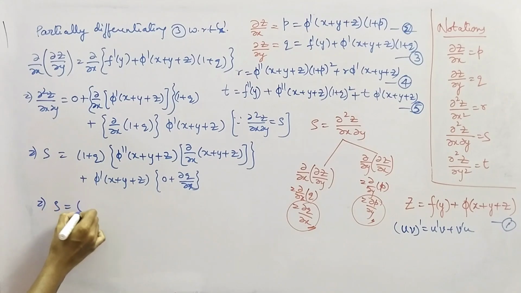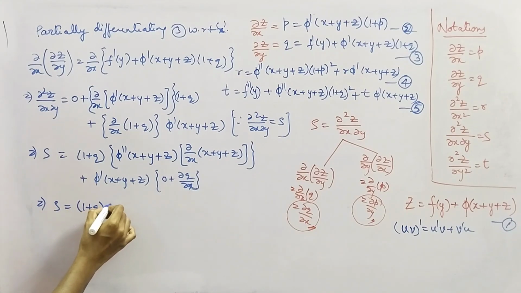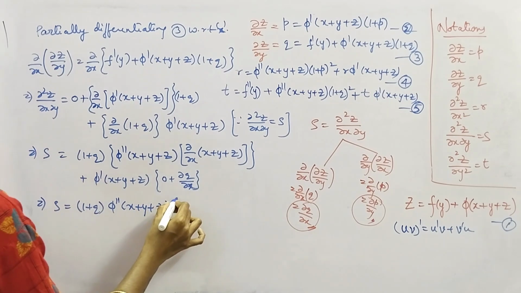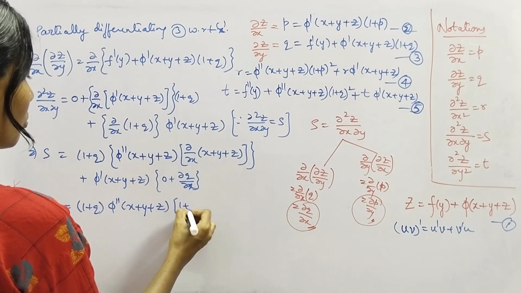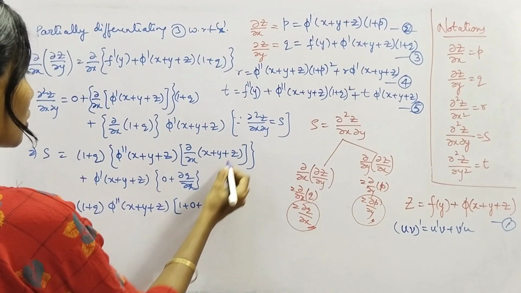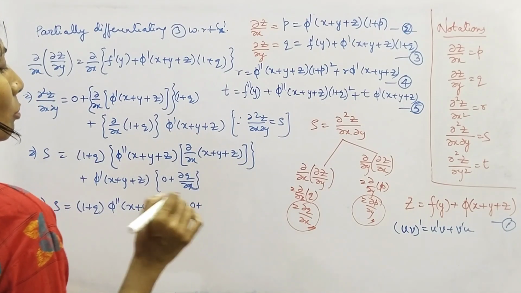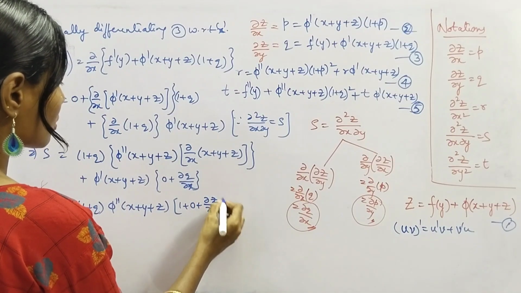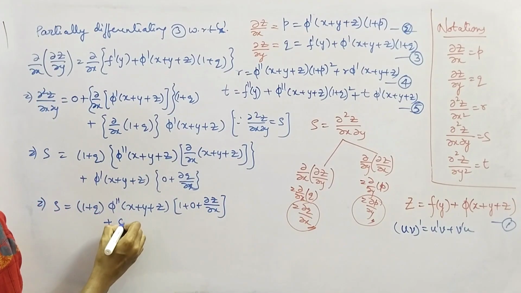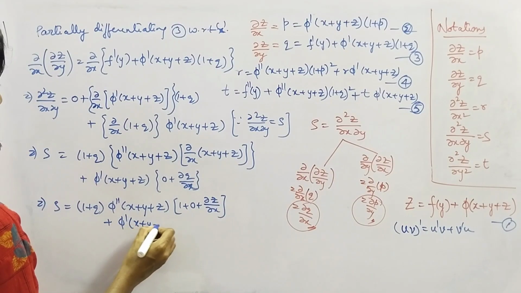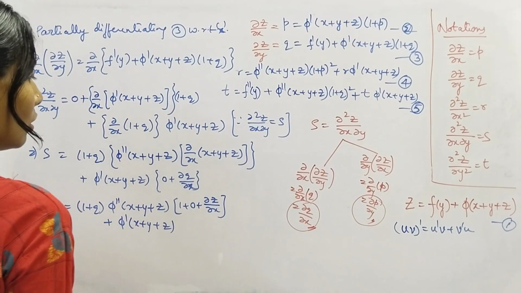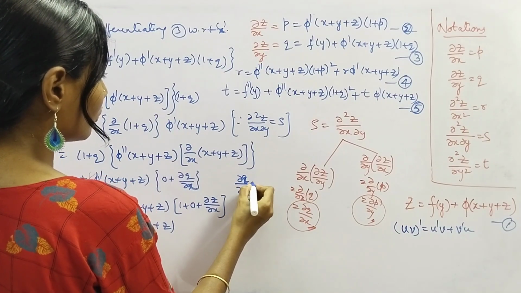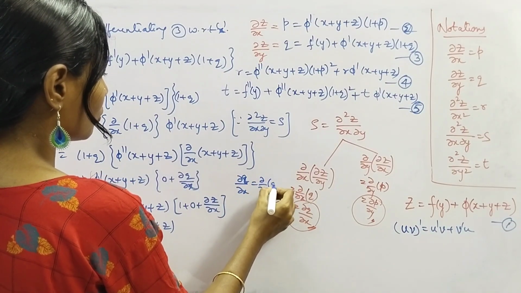This gives us s equal to 1 plus q into phi double dash of x plus y plus z into the partial derivative of x with respect to x, which is 1, plus the partial derivative of y with respect to x, which is 0, plus the partial derivative of z with respect to x, which is dou z by dou x, which can be replaced by p, plus phi dash of x plus y plus z into dou q by dou x, which is nothing but dou by dou x of q.